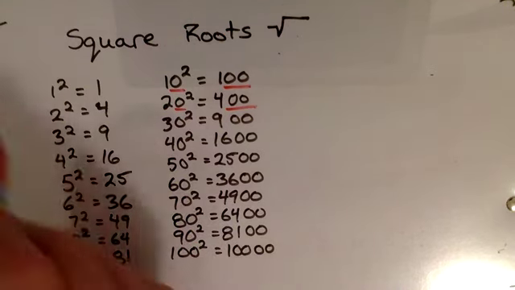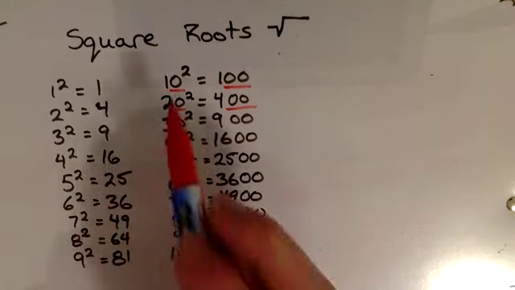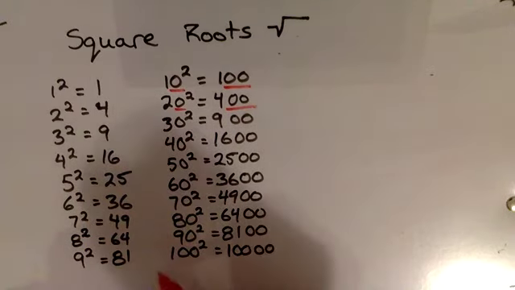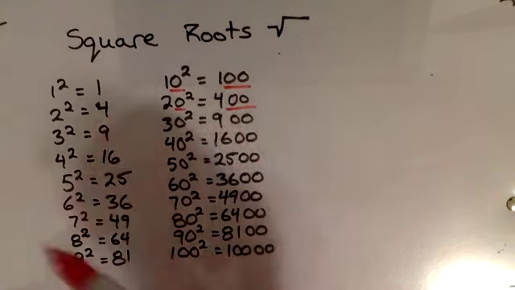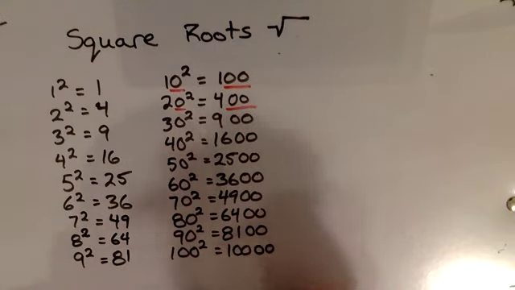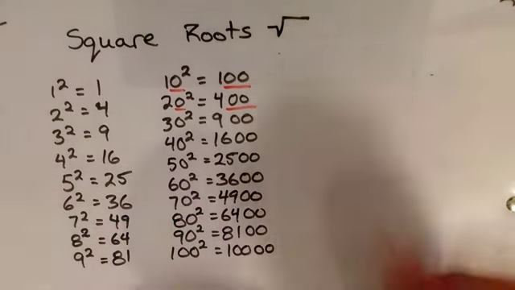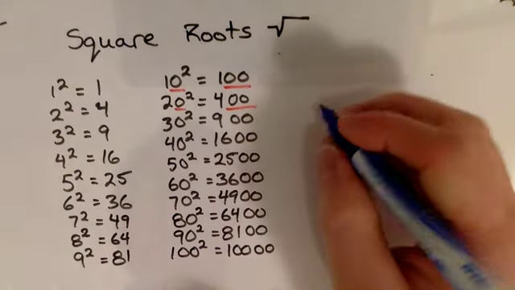So how is this information useful for us for finding other square roots? Well, a lot of the square roots you come across normally are really going to be in these numbers here and up to 10. However, if you get above that, so for example, let's say we wanted to find the square root of 729.